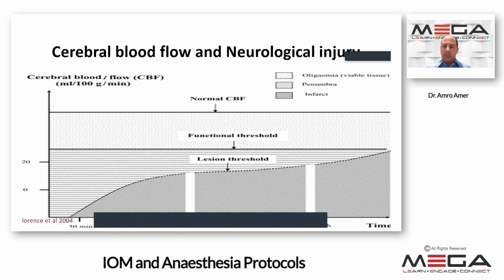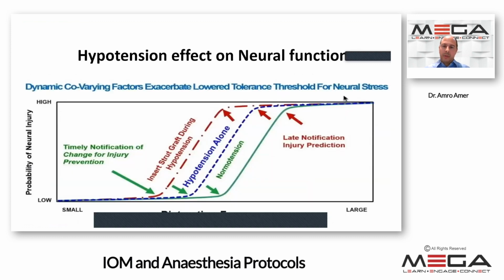This is another diagram of cerebral blood flow effect on neuron function, and you can tell here there is another twist. If a patient is myelopathic, the effect of hypotension is sometimes tripled or quadrupled on the signal.